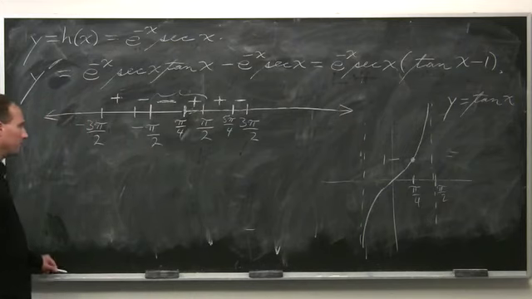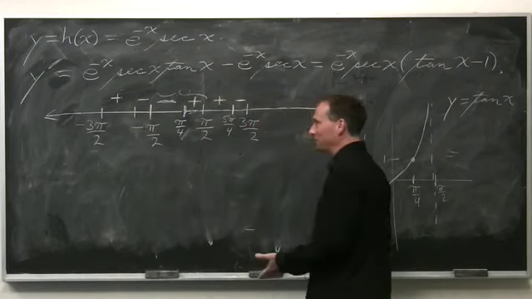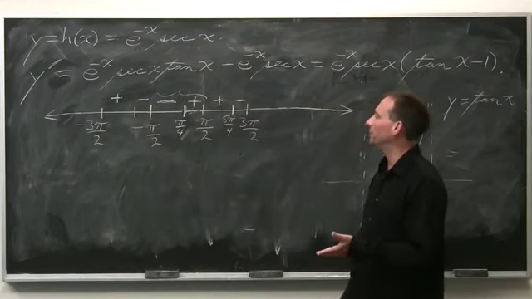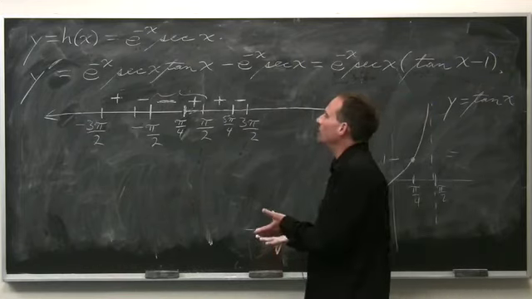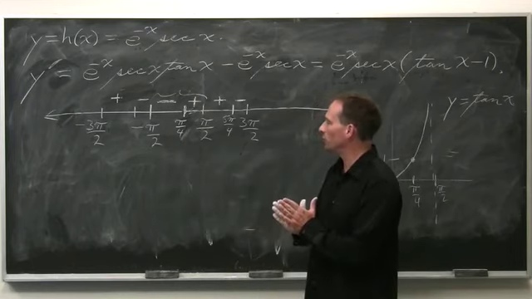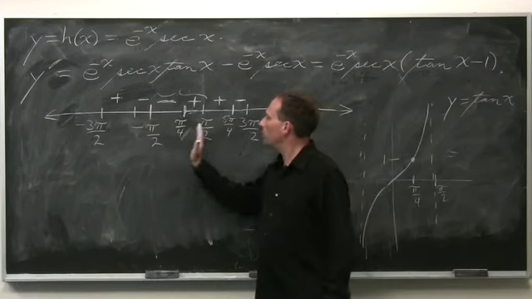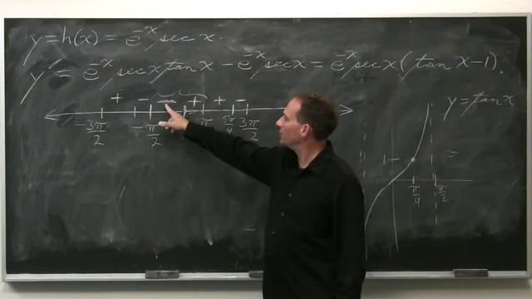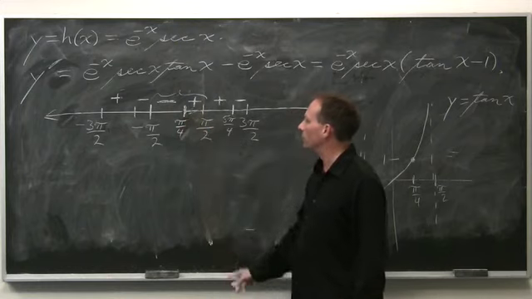The second derivative is equally as bad. The second derivative calculation is nasty. What do you see here? You see that on the interval from minus pi over 2 to pi over 2, just restricting to that interval, the function decreases until pi over 4 and then increases.